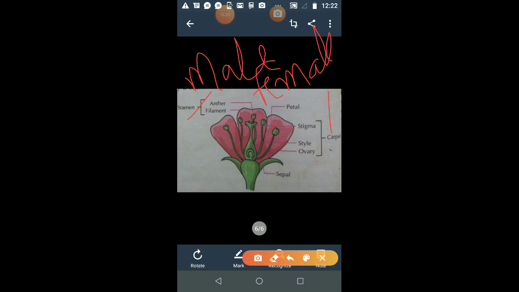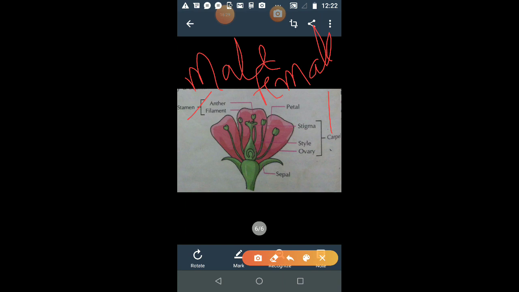Note down, if you want to note down in your rough copy, you can write it. The process of transferring of pollen from one flower to another is called pollination.